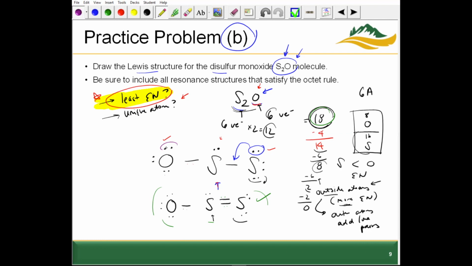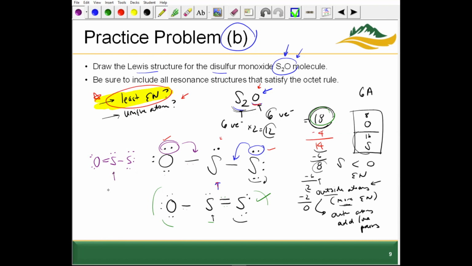If you're wondering, well, what about having moved this lone pair to form a double bond? Well, that is also a perfectly viable structure. Let's see what would happen. Double bond there, 2 lone pairs of electrons, still the lone pair on the central sulfur, and then this sulfur is now unchanged.